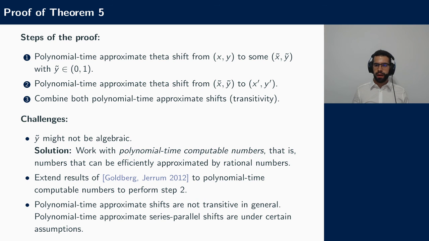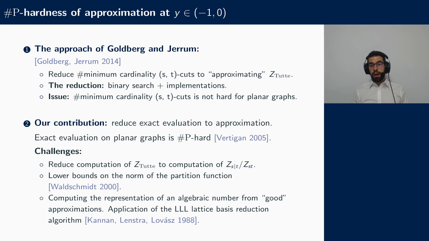So we will need a few assumptions here that we have to verify. So finally, once we have theorem 5, the only remaining thing to do is showing hardness at some point between -1 and 0. Luckily for us, that had been done before by Goldberg and Jerrum.